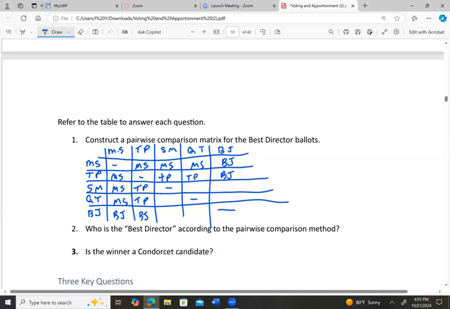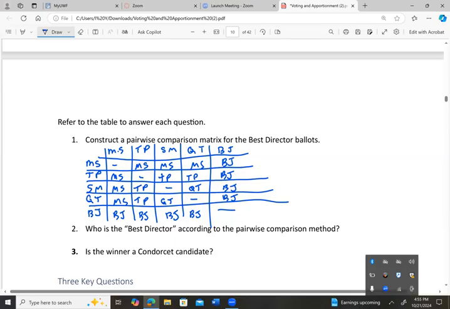So again, it's TP, TP. And then for Sam Mendes, he loses to Quentin Tarantino and to Bong Joon. And Quentin Tarantino loses to Bong Joon as well.